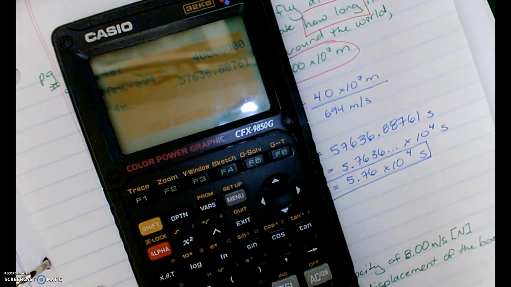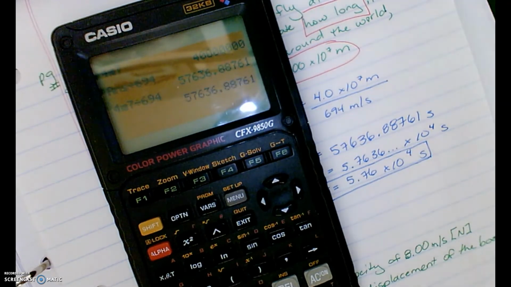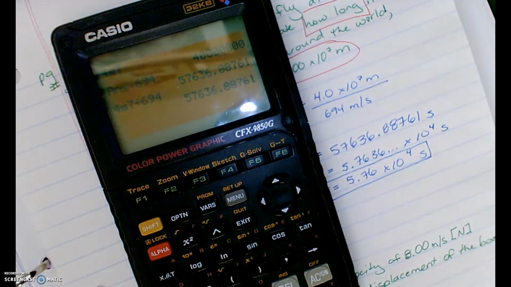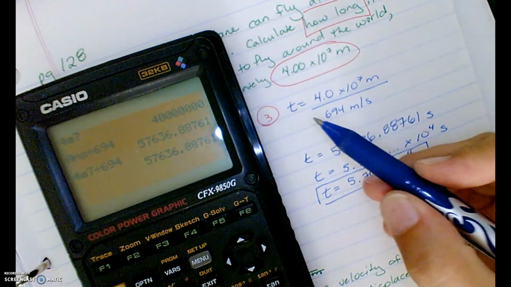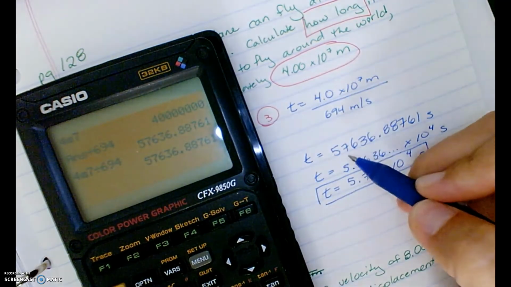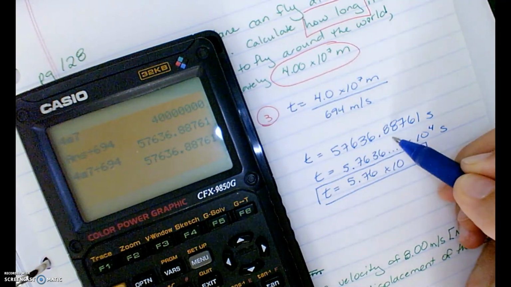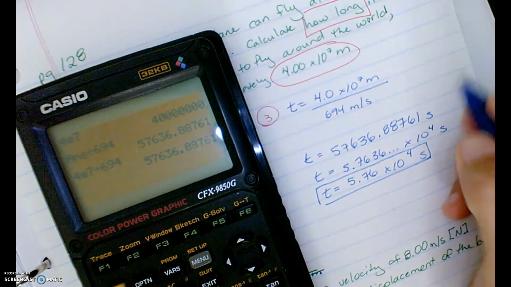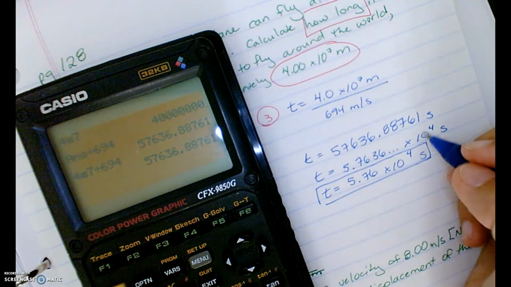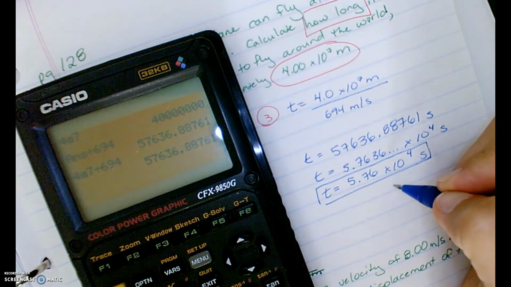You can always double check for your confidence, as long as it doesn't slow you down too much. There you go, it's the same. You're going to write that whole number down on your paper. So time is 57636.88761 seconds.